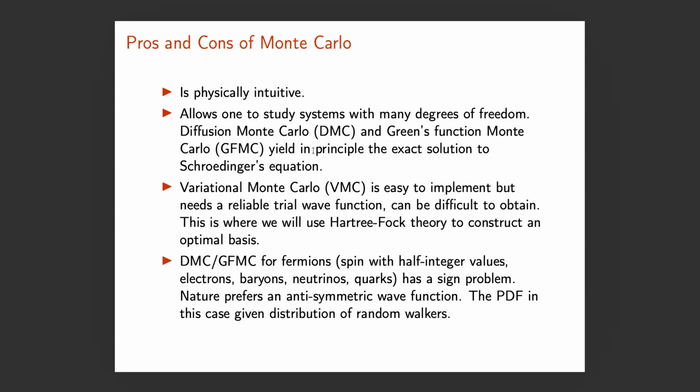So this is a kind of benchmark when you do many-body physics. The problem then, when you deal with fermions, is that your probability distribution, which is a wave function, is a distribution of random walkers. Now, when you have fermions, the wave function can change sign. And that leads to something called the fermion sign problem in Monte Carlo calculations. This is actually a topic, I mean, this is my bias.